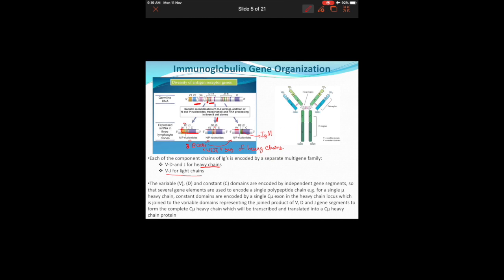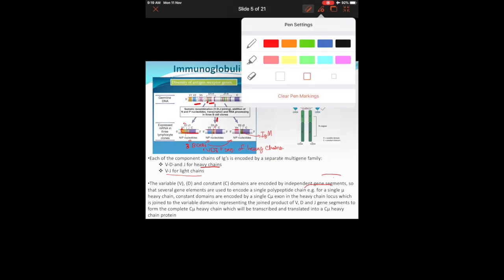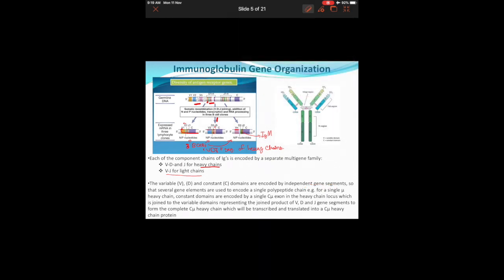So in this VDJ recombination, we're talking about this part for this heavy chain, and this part for the light chain, and this constant region, we're talking about most of this heavy chain here. Because remember, this constant region is like a skeleton or a scaffold which holds the antigen binding region, which contains the biggest variability.